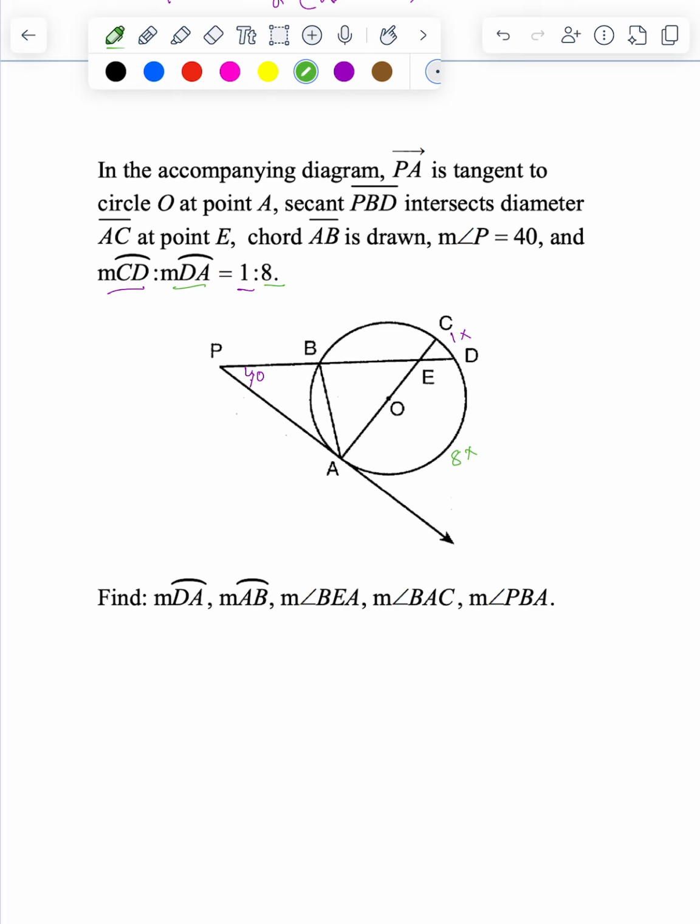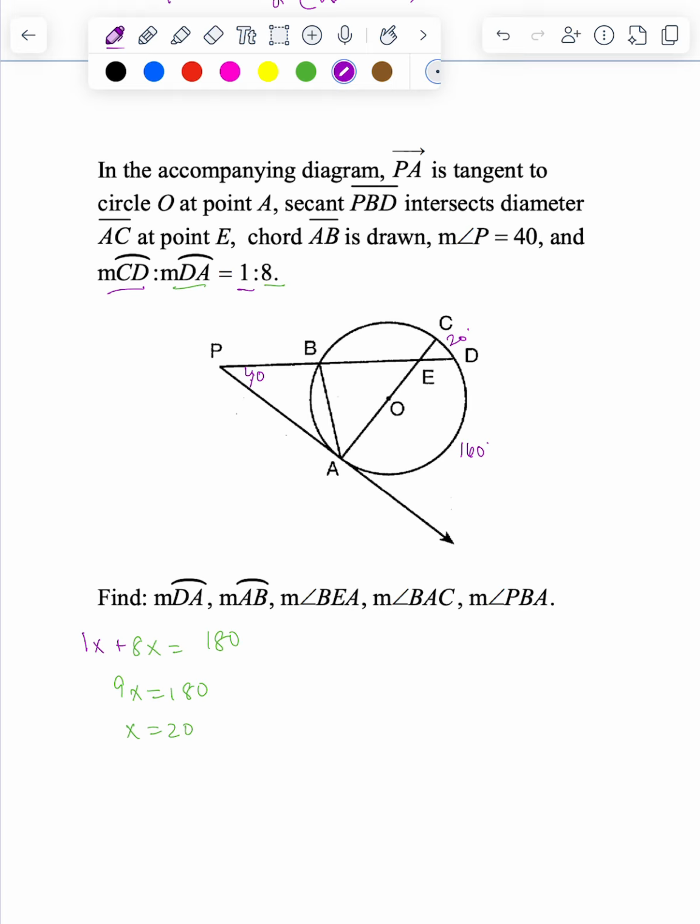So that's 180 degrees. So I'm going to make an equation that says if I take the 1x part and I add it to the 8x part, I get 180 degrees. I have 9x is 180, so x is equal to 20. So this 1x part would just be 20. And this 8x part would be 20 times 8, which is 160 degrees.